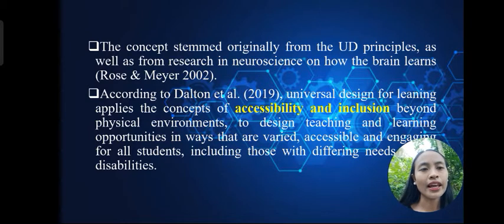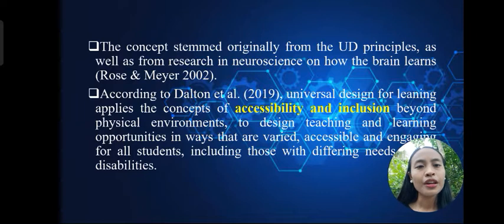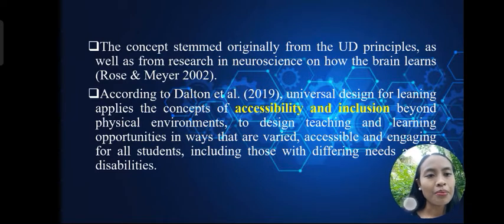According to Dalton et al., 2019, Universal Design for Learning applies the concepts of accessibility and inclusion beyond physical environments, to design teaching and learning opportunities in ways that are varied, accessible, and engaging for all students, including those with differing needs and abilities.